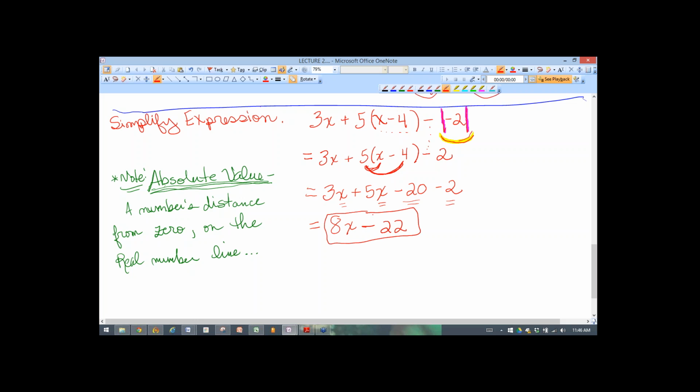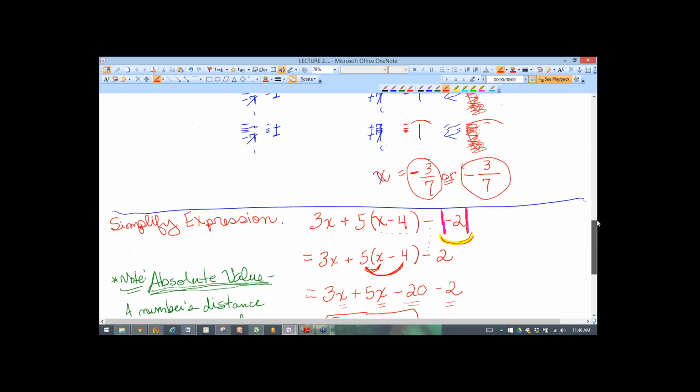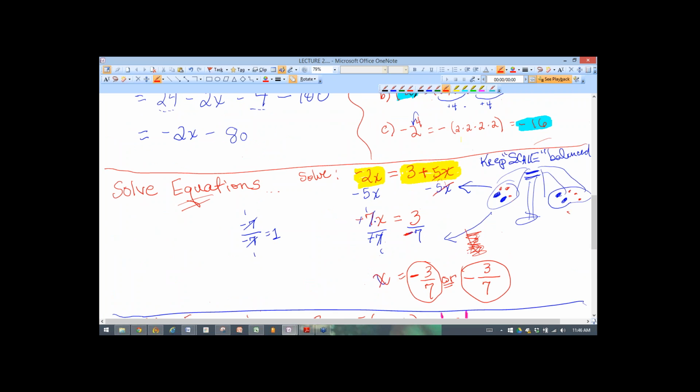So this is the simplified version of that expression. Notice I did not end up with x equal to anything. I merely went down the line using my order of operations and created a more compact, easier to read version of that original expression. That is simplifying expressions. Remember, when solving an equation, we're trying to get to x equal to something.